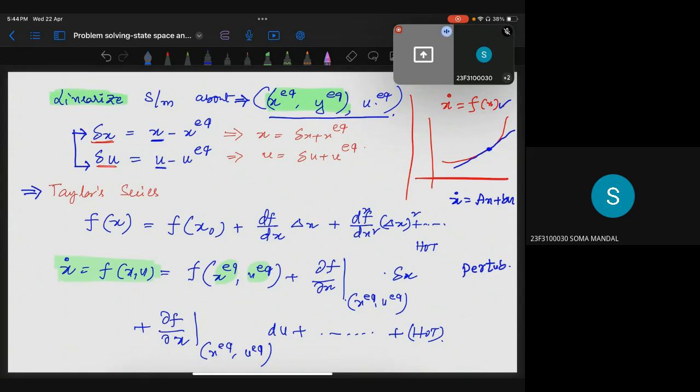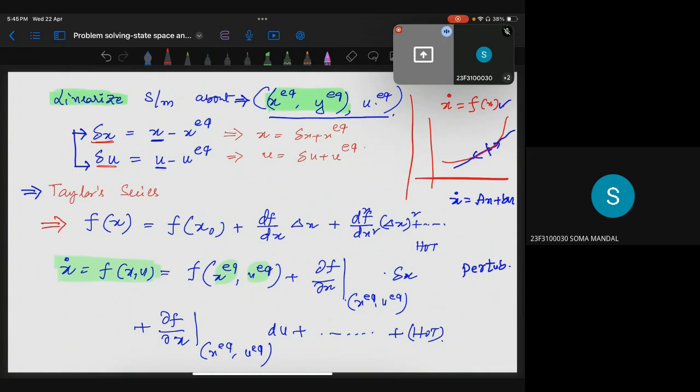We perturb the values from here a little, and we say that within this small strip, the function will act like a straight line. Is this clear? Yes, sir. So this is basically the Taylor series.